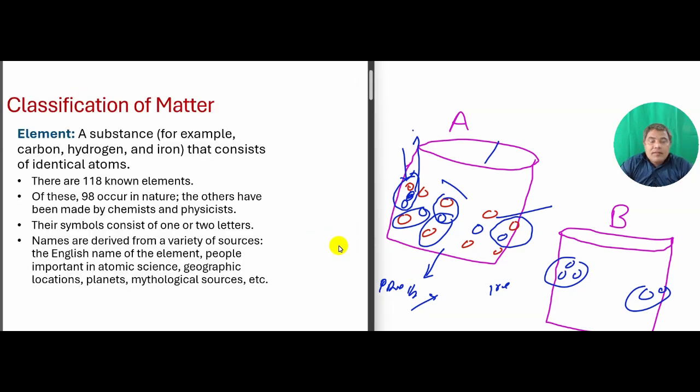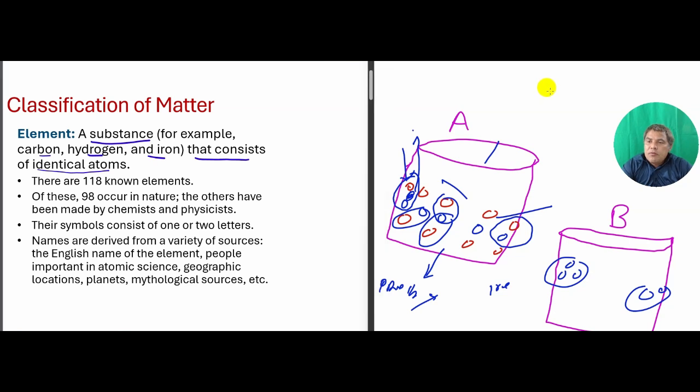Now let's again classify further. We have classified previously element and compound, right? So what is the element? An element or substance, for example carbon, hydrogen, iron, oxygen, neon, nitrogen, etc., that consists of identical atoms, is said to be an element.